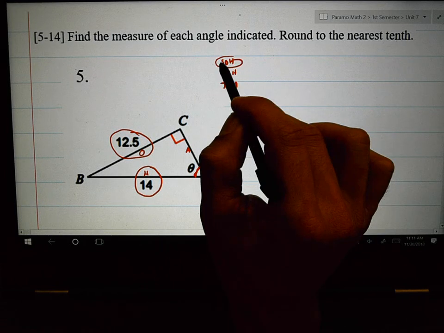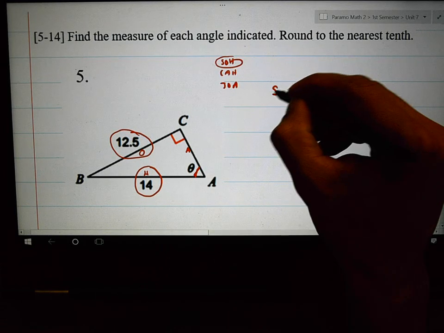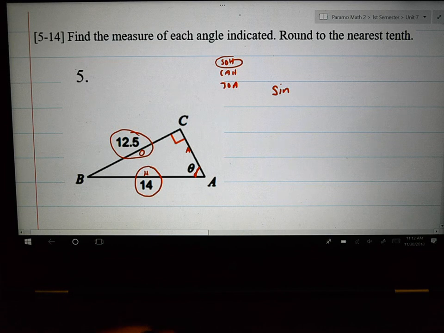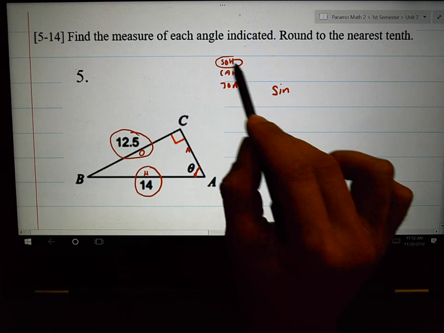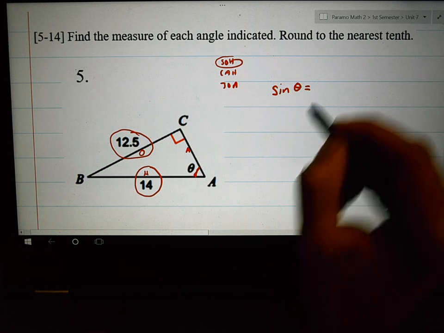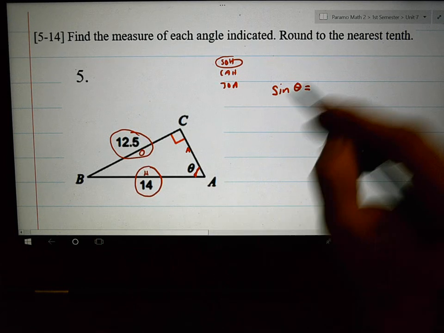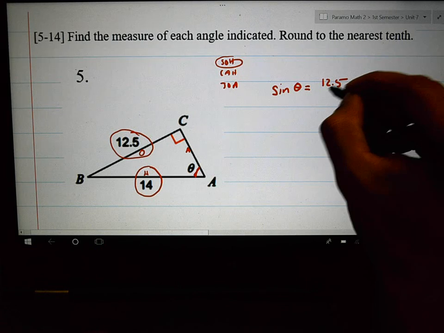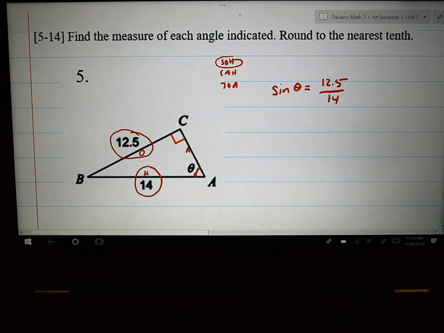And the S stands for sine. So I'm going to write an equation using SOH. I'm going to say the sine of this angle, the sine of theta equals the opposite over the hypotenuse, 12.5 over 14. And that is exactly the same thing you did before.